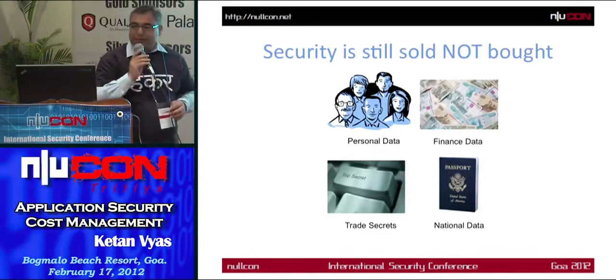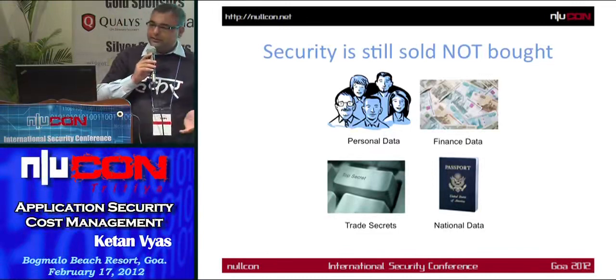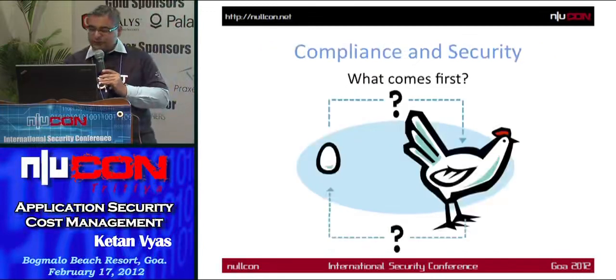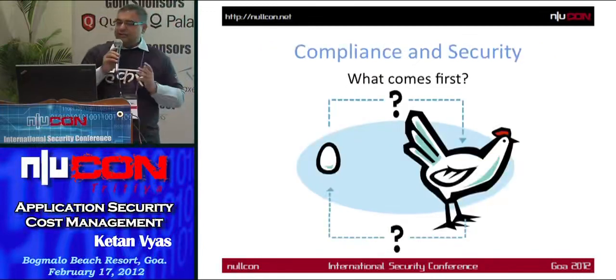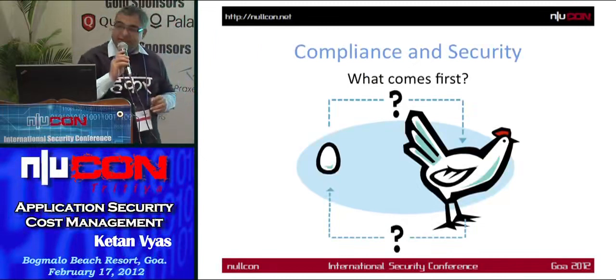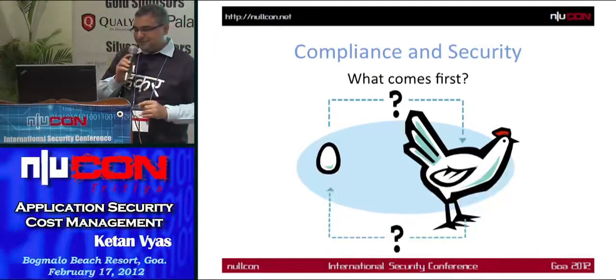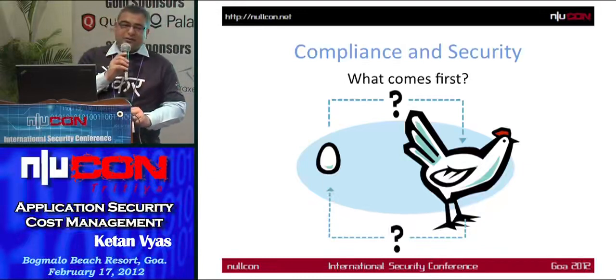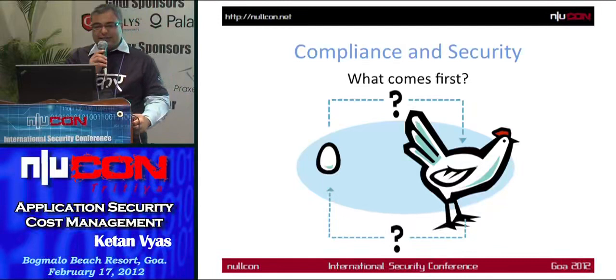I was doing penetration testing work earlier and am now transitioning to the business part. One of the most interesting questions is which came first, the chicken or the egg: you do security to ensure that you are complying with regulatory and legal standards.